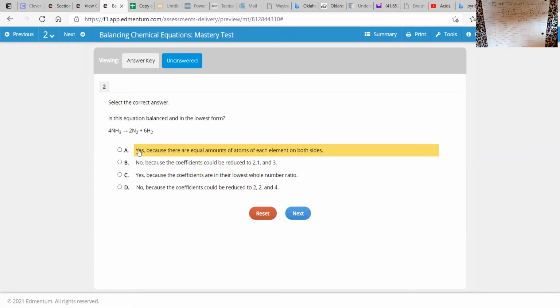Science in general, you just want to reduce the equation as much as possible. To show you what I mean, I'll do this. We have 4 NH3, 2 N plus 6 H2. Okay.